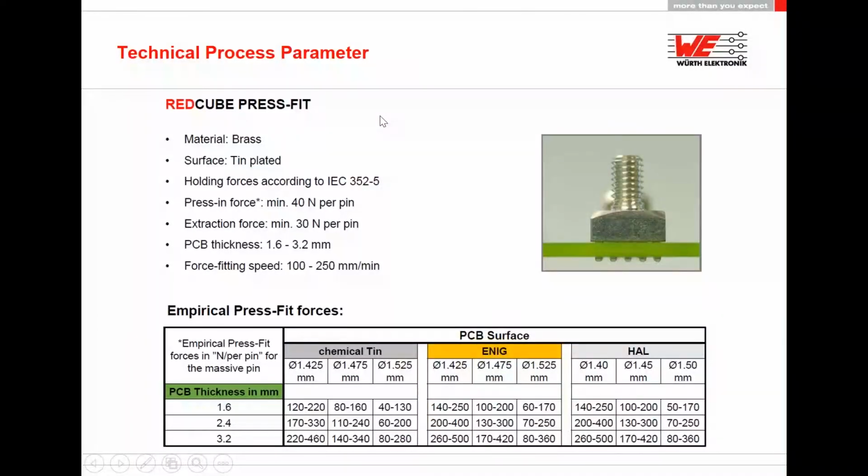Here are the technical process parameters. As we saw on the second slide, the press-fit curve, and here you can also see the maximum press-fit forces that depend on PCB thickness, and also on the lower limit of specification, upper limit of specification, and the nominal value.